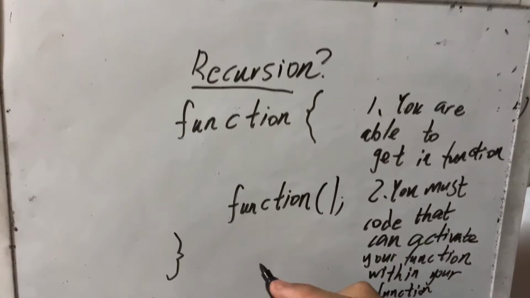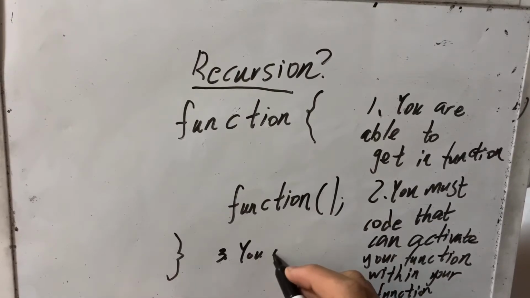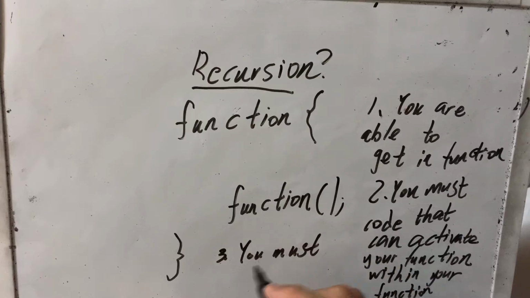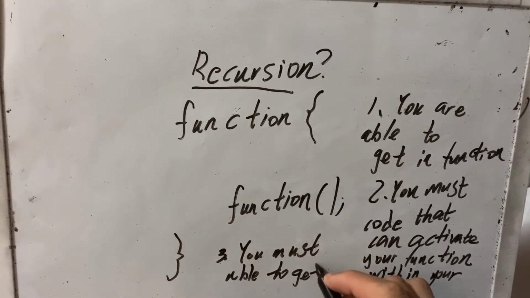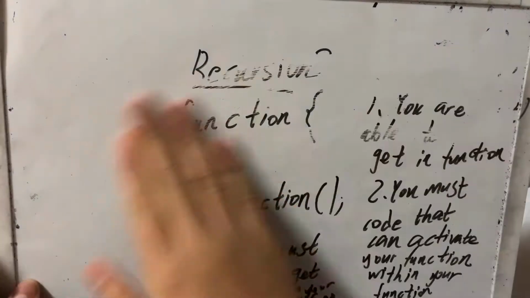Third, you must be able to get out of the recursion. Those are the 3 basic requirements for recursion. Okay, I know this is not clear enough because it's a very hard thing to understand.